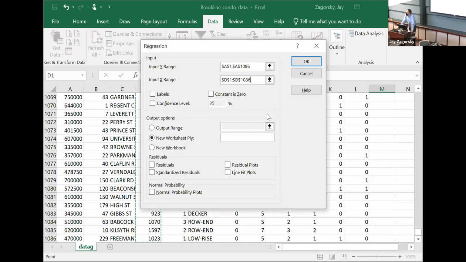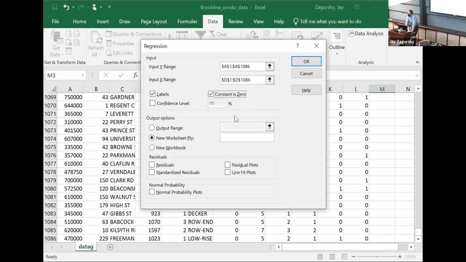So we have A1 colon A1086, D1 colon D1086. We have labels in the top row. So I click labels, and that says the top row is things like the word size, price, number of garage spots.